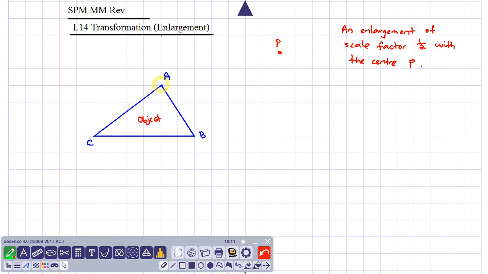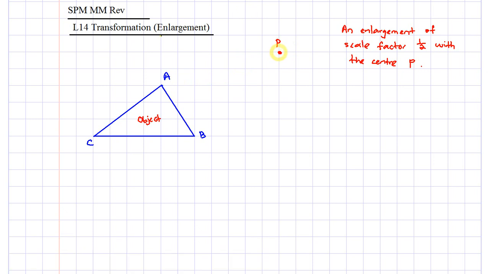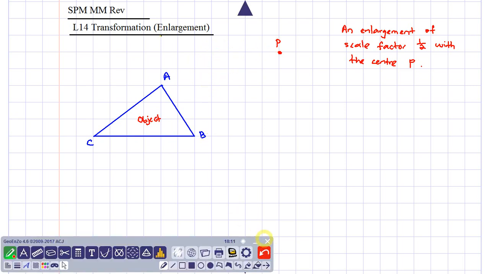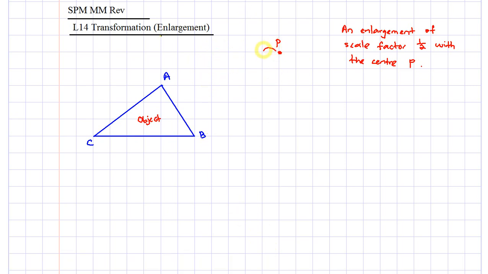Now I want to determine where the image for point A is first. This is 1, 2, 3, 4. Sorry, I recalculate again. 1, 2, 3, 4, 5, 6, 7.